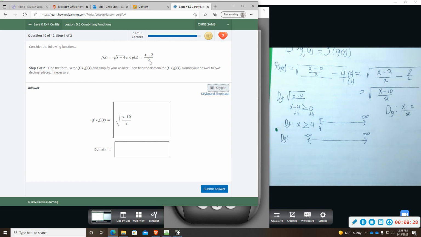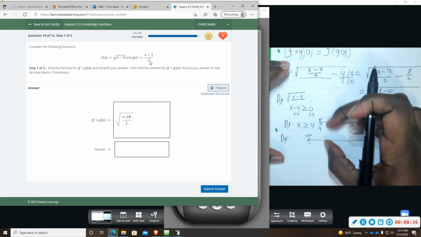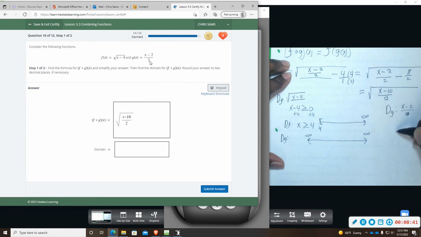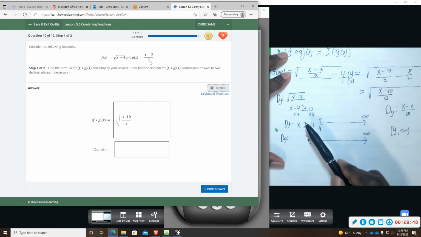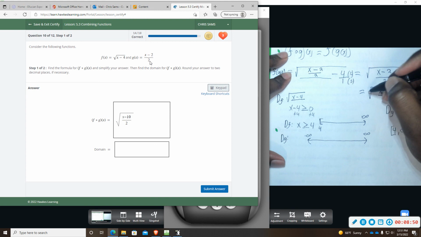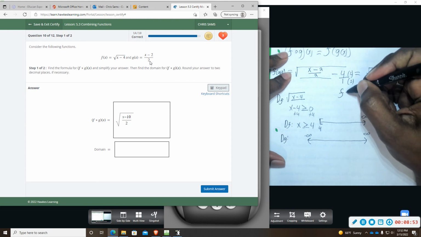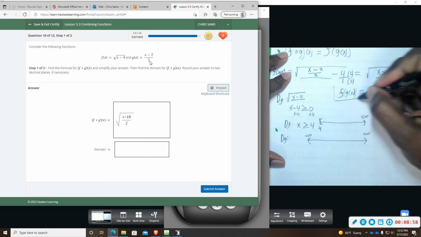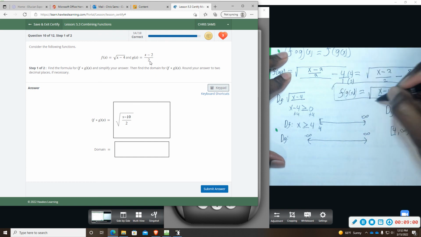All right, so we would start with the overlap. Where do these two overlap? It's going to be from 4 to infinity. And then with our new function, f of g of x, we also have to consider the domain of this and factor that in as well.